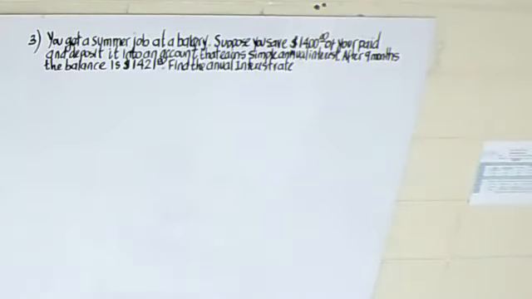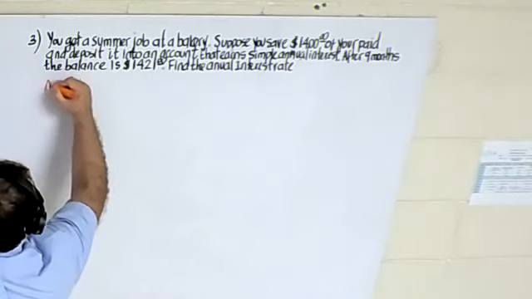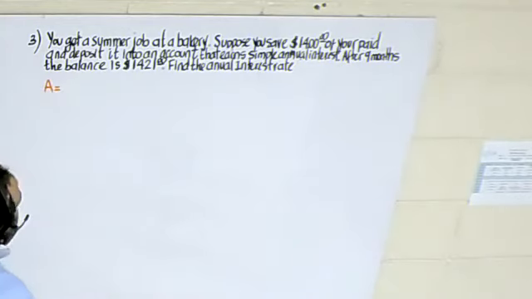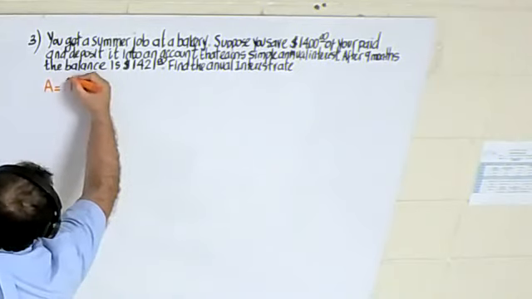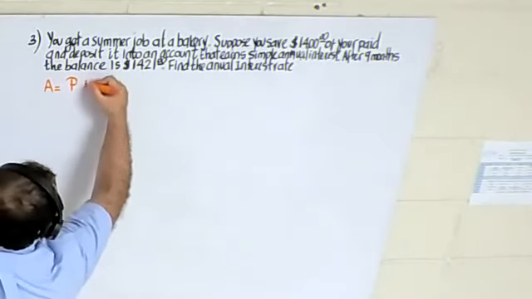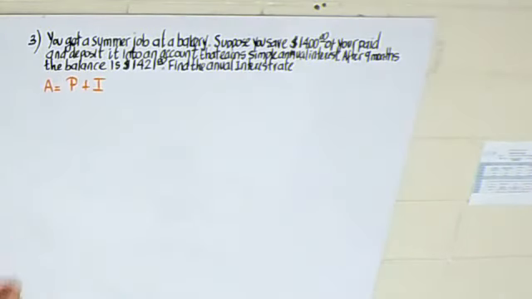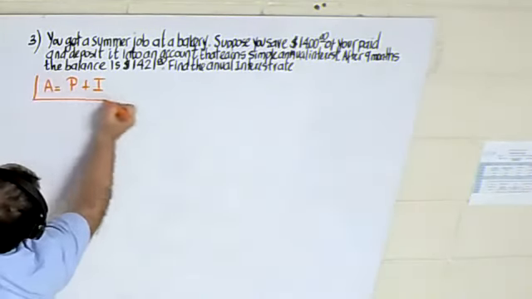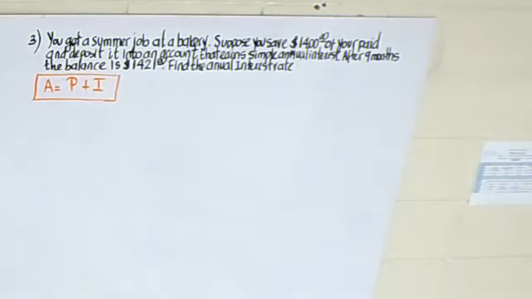In simple words, I'm going to write this definition like a formula. The letter A represents the balance of the account, and this is equal to the addition of the principal plus the simple interest. This is the given formula for the balance of the account.